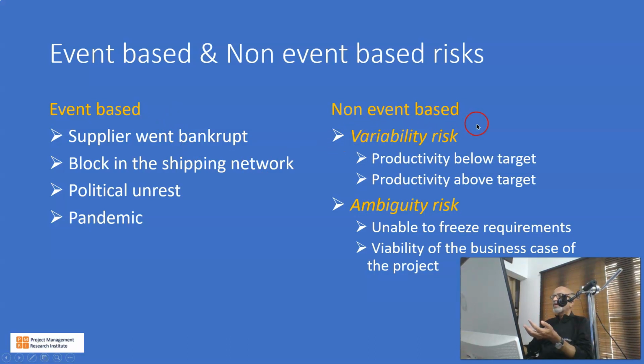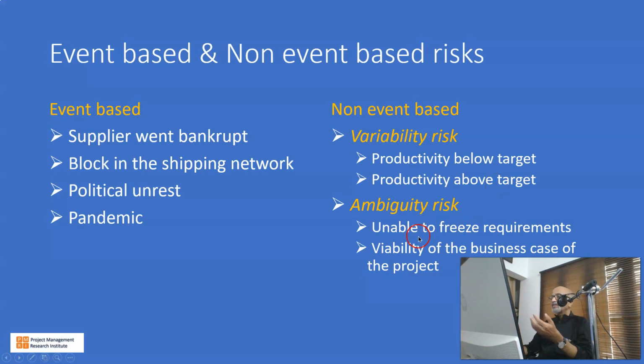Then there are non-event-based risks as well. That is a variability risk. Productivity is below target. While planning the project, we anticipated better productivity, and then you realize that the actual productivity is lower than the anticipated productivity. That is a variability risk. And productivity above target also is a variability risk.